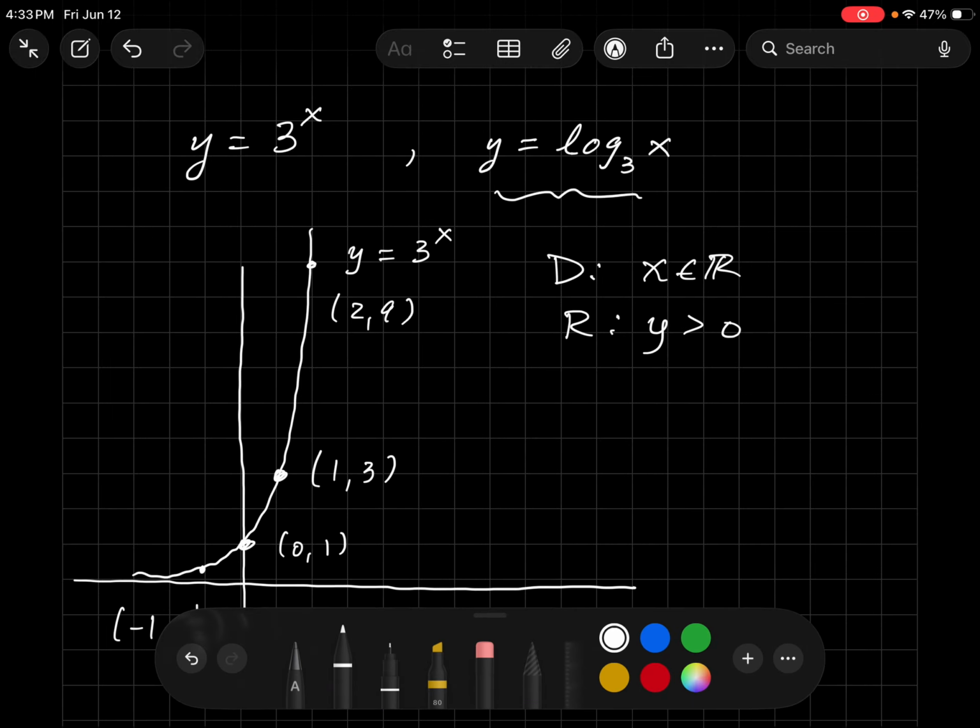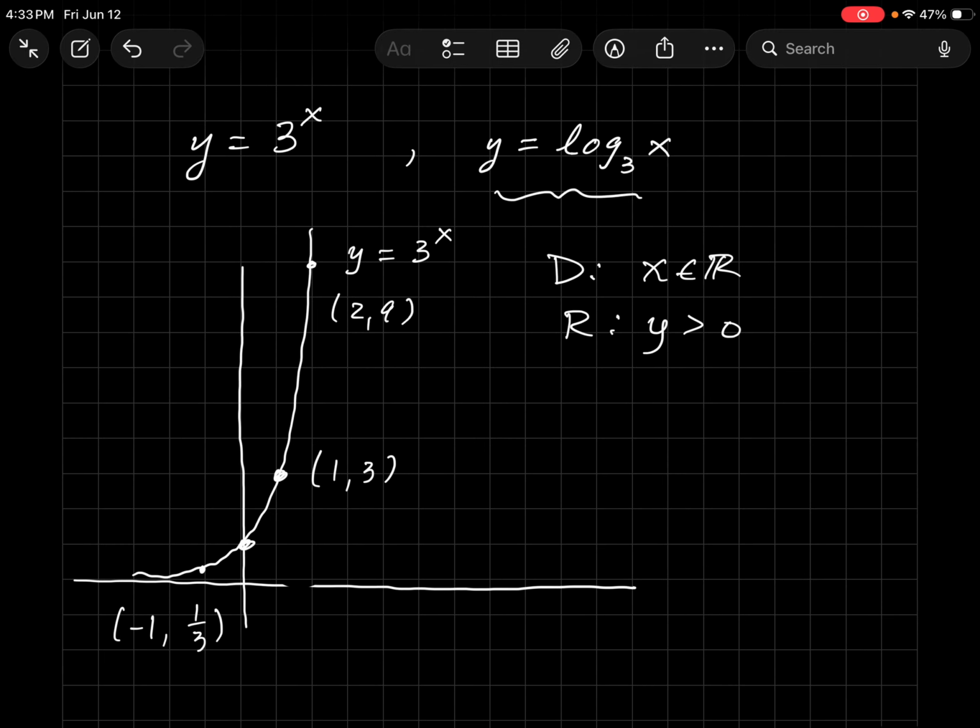Now, how do I get the logarithmic graph? If you recall, when we find inverse functions, one of the first things we can do is switch the x's and the y's. So for example, 0, 1 becomes 1, 0. 1, 3 becomes 3, 1. 2, 9 becomes 9, 2.